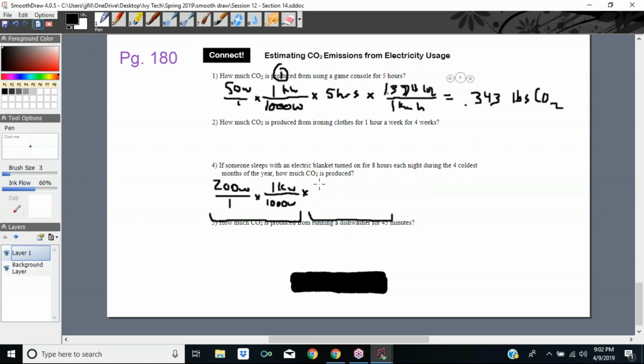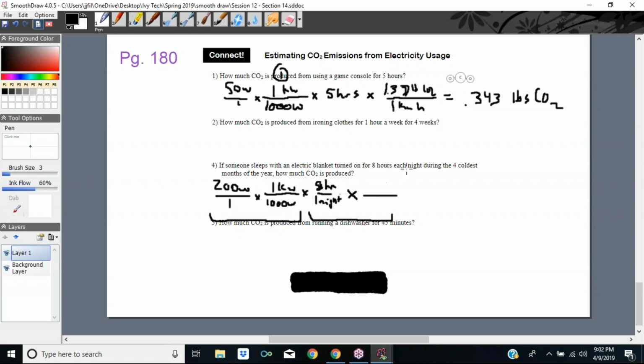So it says 8 hours each night. And we have to figure out how many nights that is, because we don't want nights as part of our units. So this is 1 night. We have to get rid of nights as a unit.